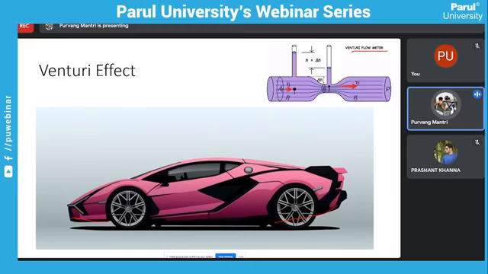When the air starts flowing from the front and comes in contact with the front diffuser, it converges over here, and this is the throat region, in accordance with the venturi flow meter. So this is the throat region of the venturi effect.